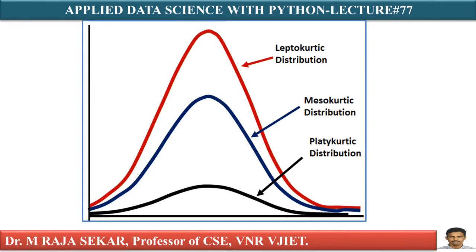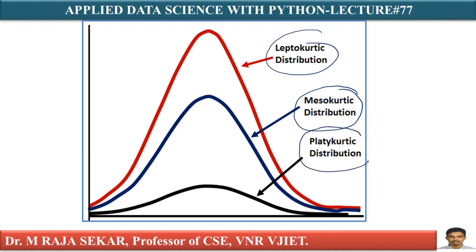Now, there are three types of kurtosis. The first one is in this diagram. You can understand from here. Leptokurtic distribution, mesokurtic distribution, and the last one is platykurtic distribution.